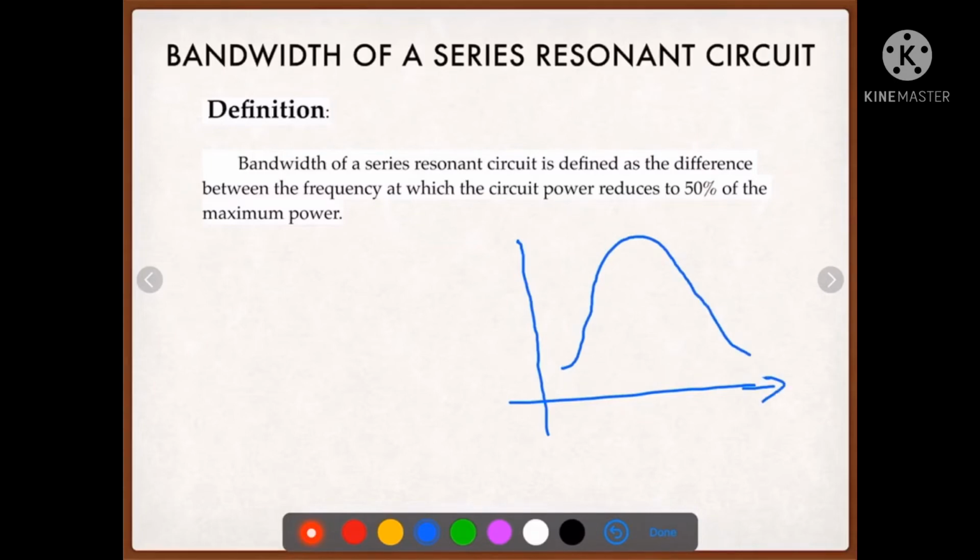Again I am drawing a response curve for a series circuit. Here we can easily see that there are two frequencies. One is the lower frequency and the other is the higher frequency of this range. So the range of this frequency will be known as bandwidth.